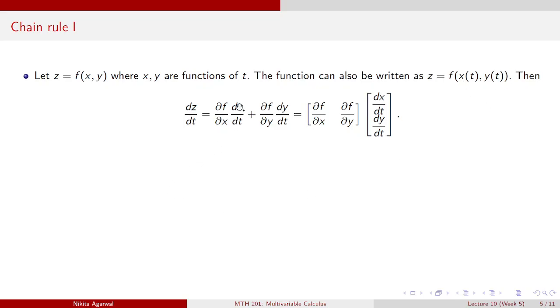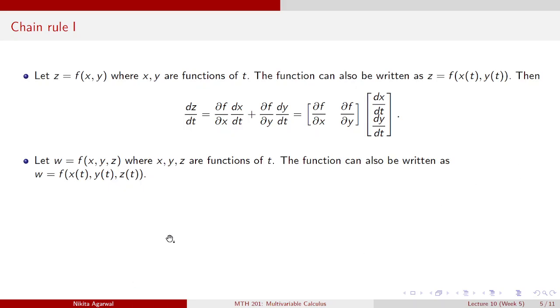Here you have partial, here you have total d, because f is a function of two variables, so you have partial, and x and y are functions of t alone, therefore there is a total derivative d here. But this sum can be written as a product of two matrices. This matrix product notation is going to turn out to be quite useful.